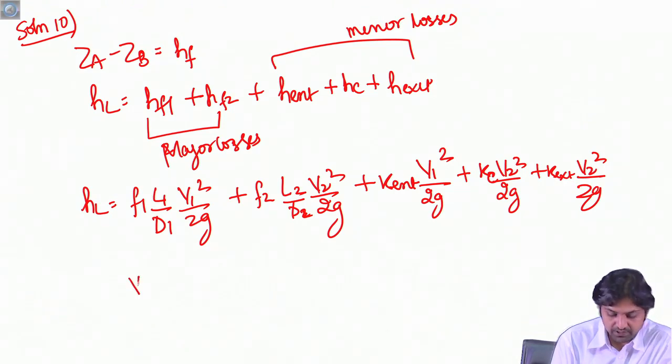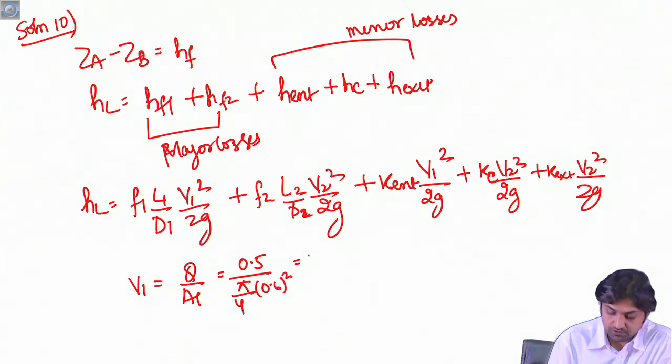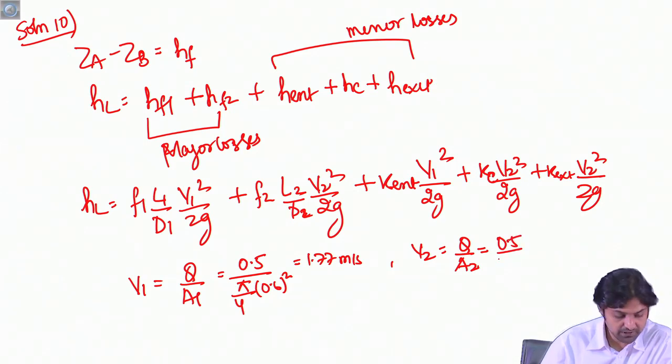Now we need to find out the flow properties in pipe 1 and 2. So, simply for pipe 1, V1 is discharge by area 1, the discharge is given as 0.5, and the length and diameter, everything is given. So, it will come to 1.77 meters per second, whereas V2 will come out to be Q by A2, 0.5 over pi by 4 into 0.4 whole square, because the diameters are different, and this will come to be 3.98 meters per second.